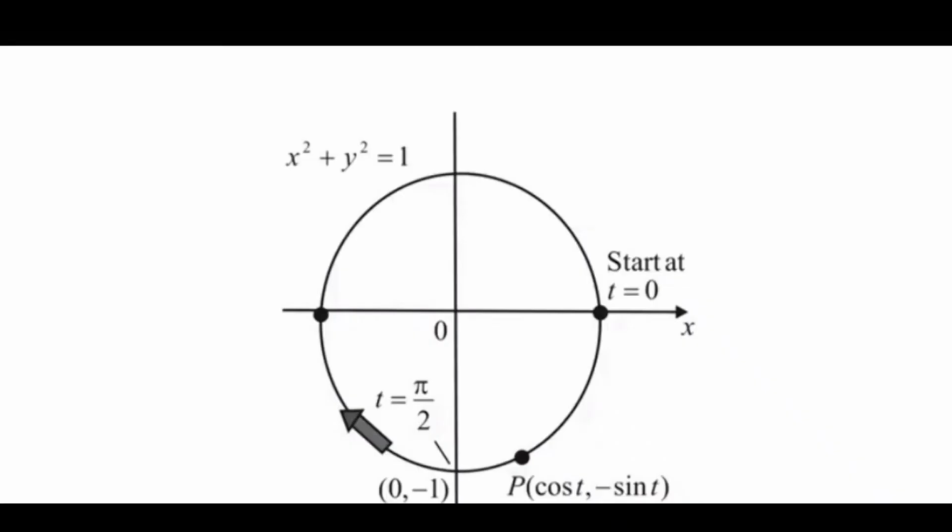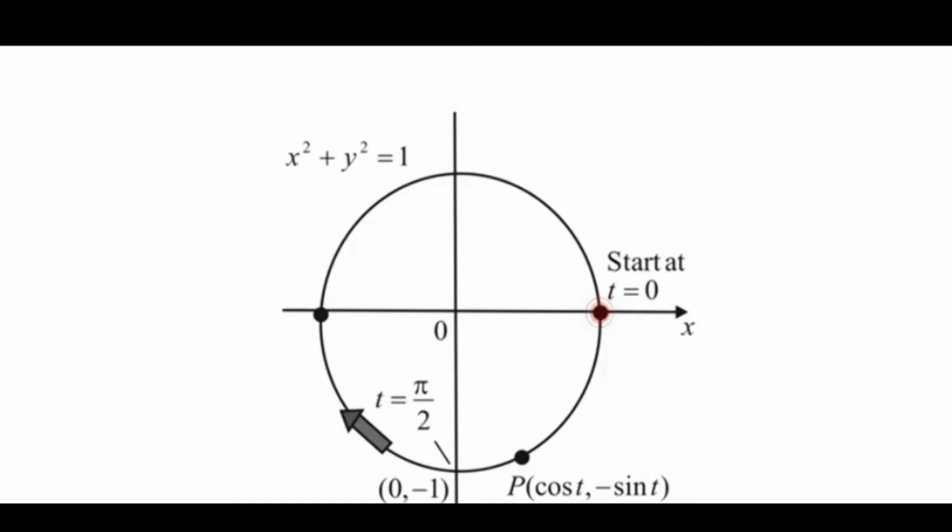Geometrically, corresponding to the parameter t, there is a point P with coordinates cos t, minus sin t on the curve such that t is the angle measured in the clockwise direction that the radius OP makes with the positive x-axis. We track the points as t runs from 0 to 2 pi.